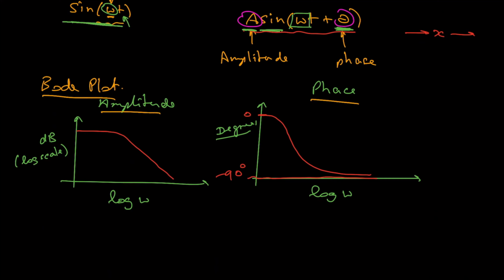The x-axis is always logged, and it's either the log of the angular frequency or the log of the frequency in hertz. It doesn't matter which one really; it depends on your application. The y-axis on the amplitude is also logged, by re-expressing the amplitude change in decibels, which is a log scale.